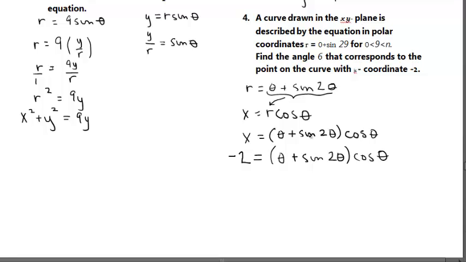The intersection of these two equations right here results in theta. Again, reminding you that theta doesn't go into the calculator, it's x. So this would just be x plus sine 2x quantity times cosine of x.